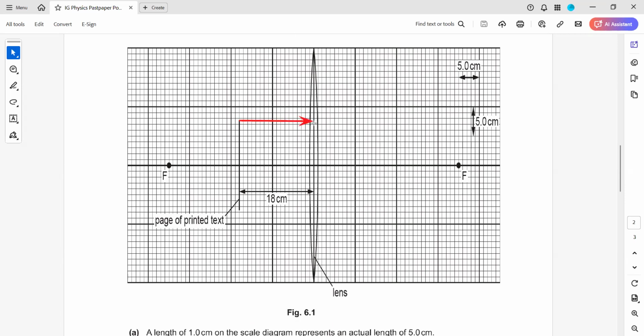It should pass through the focus. Then one through the center, what will happen? It will pass straight. Will they meet? No, they will not meet. So what will we do? We will produce it backward. When we produce it backward, what kind of image is this, real or virtual? Virtual image. The new position of the object, which we call the image, will be a virtual image.